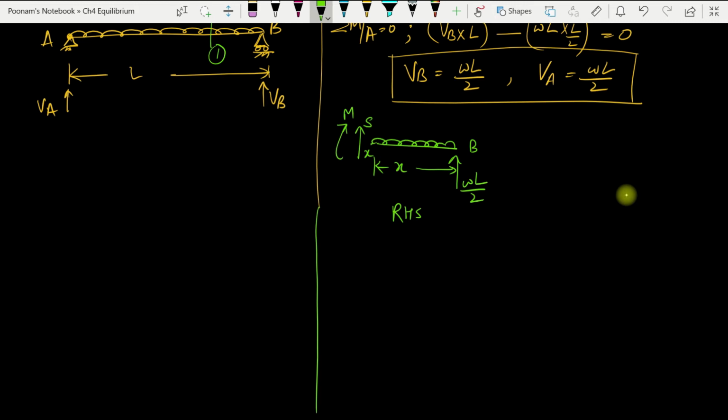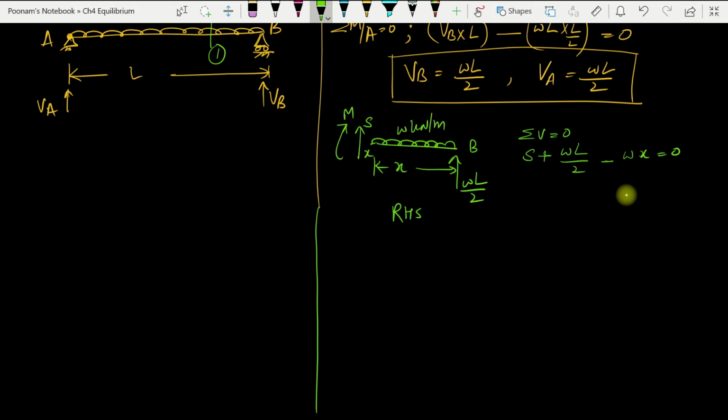So taking S, the shear force, positive, if I use the first equation of equilibrium, S is upward plus the reaction is also upward, WL by 2 minus W into x equals 0. This is the loading, the UDL.